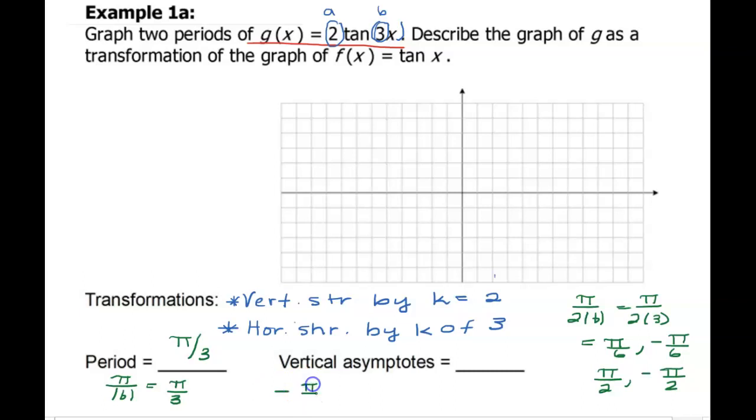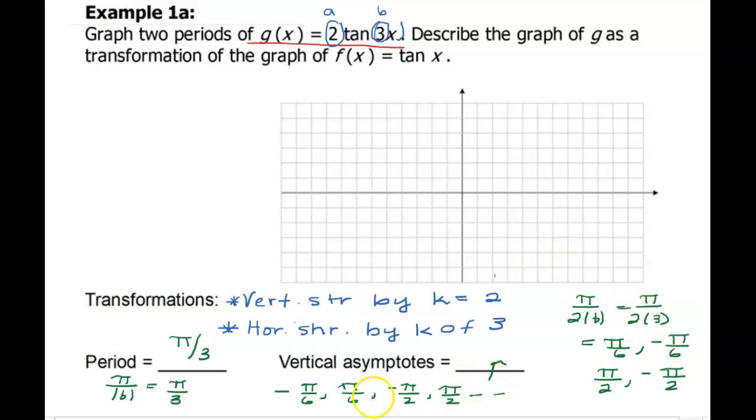So negative pi over 6, pi over 6, negative pi over 2, pi over 2, etc. Okay, all right, so that should go right there. All right, so now let's draw this thing.